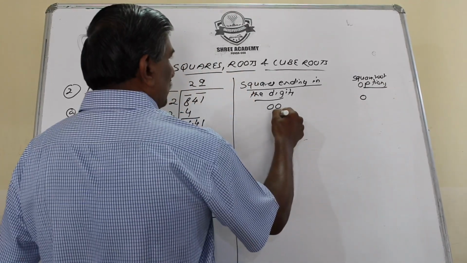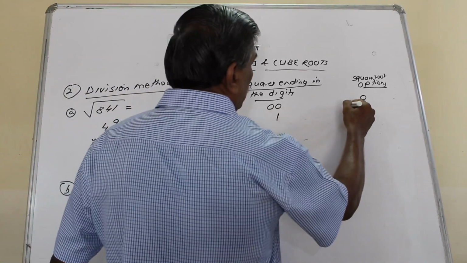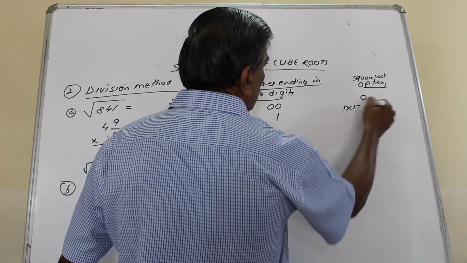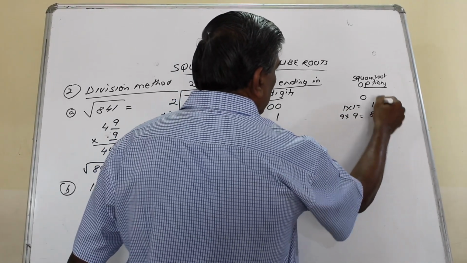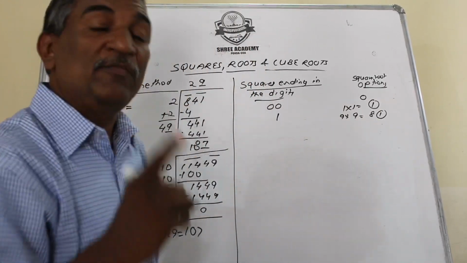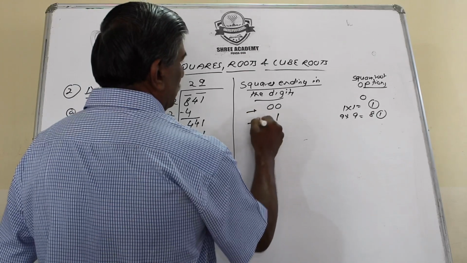Now if the square is ending in 1, which options do I have? Please see here, it is 1 into 1 means 1, 9 into 9 means 81. Kindly remember, we are concerned only with the units place. So this is my first, this is my second case.